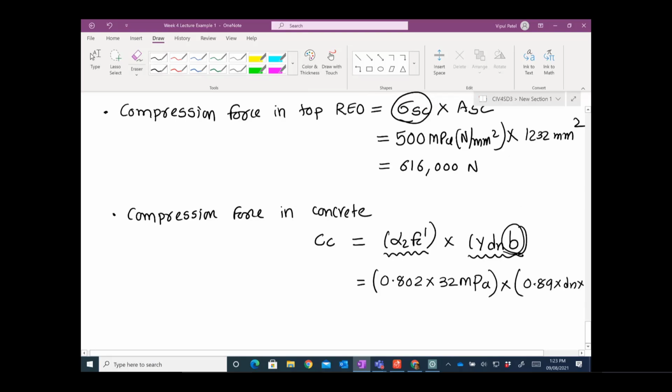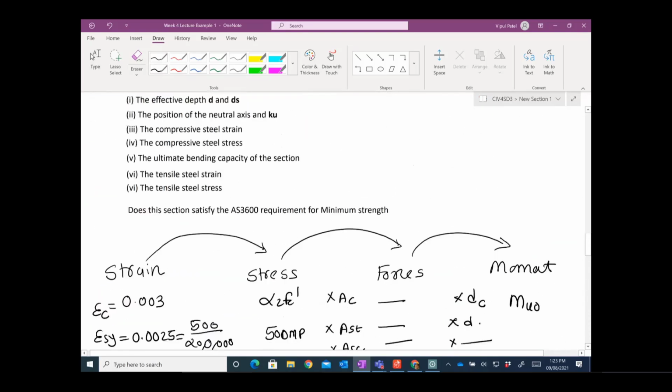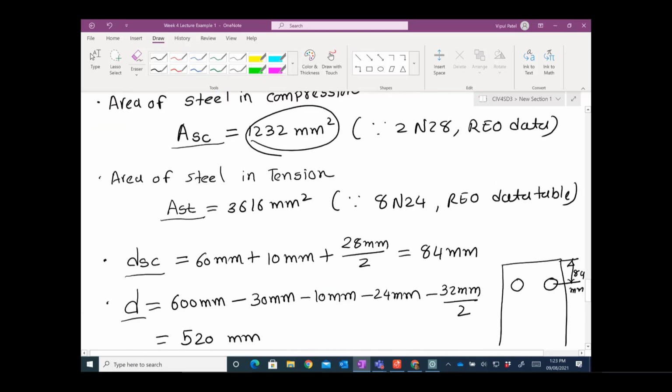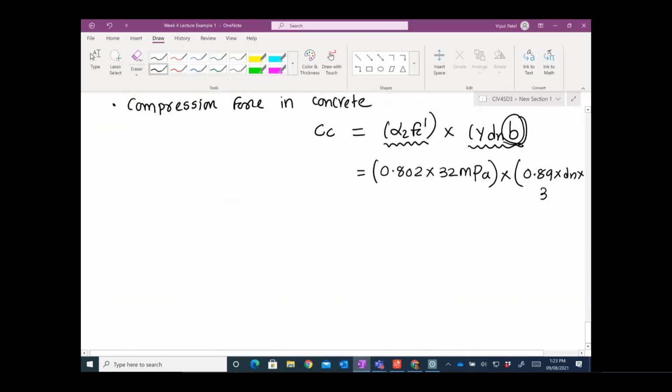The b value we have been given is 350. Right, so let's plug that value in. So we have 350 millimeters. If you just plug into the calculator, you get 7994.336 dn. Right, so that's the dn that we're going to calculate.